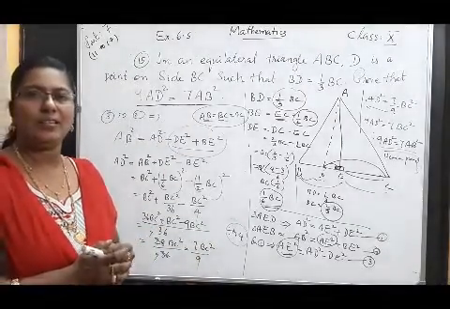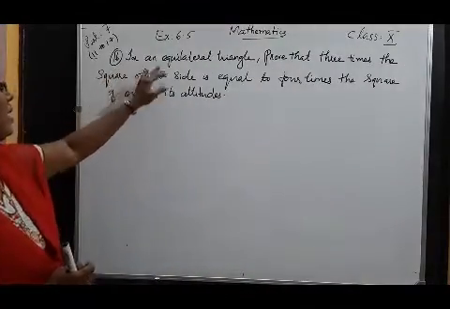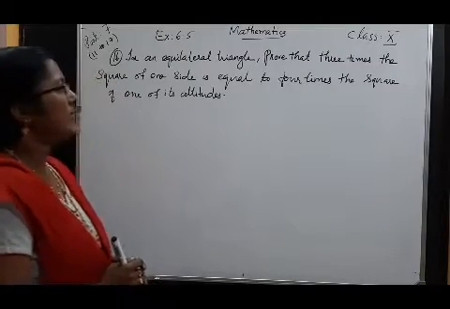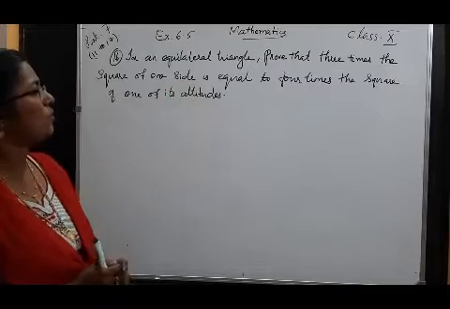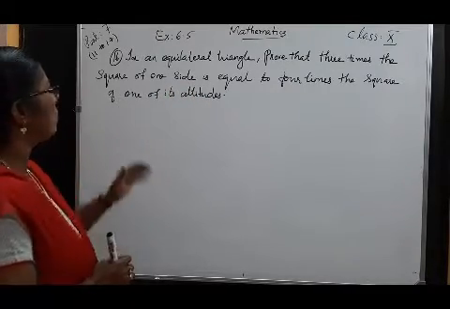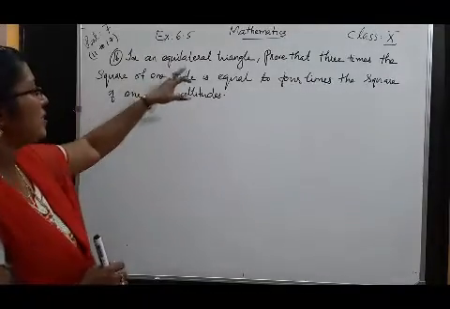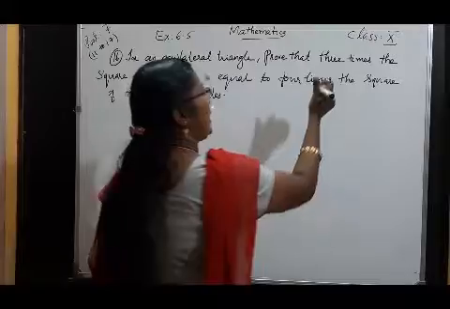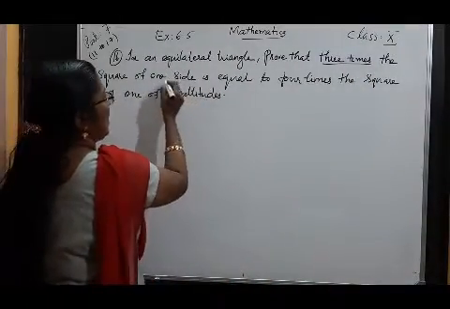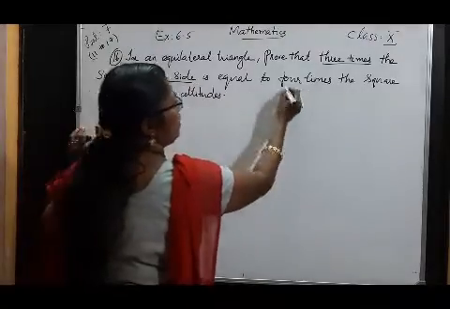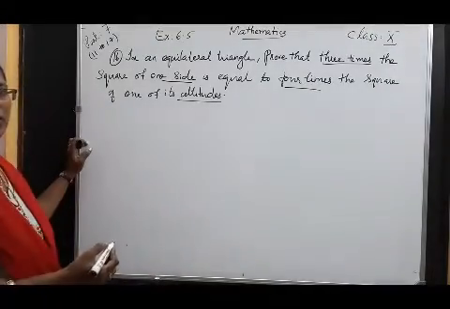Okay. Next question. The next question, question number 16. In an equilateral triangle, prove that 3 times the square of one side is equal to 4 times the square of one of its altitudes. I repeat. In an equilateral triangle, prove that 3 times the square of one of its sides equal to 4 times the square of one of its altitudes.